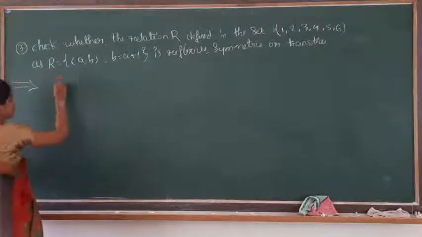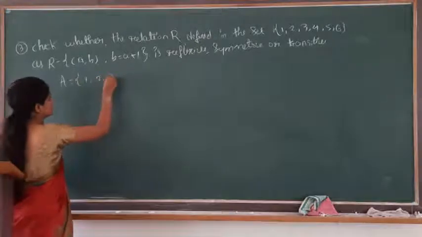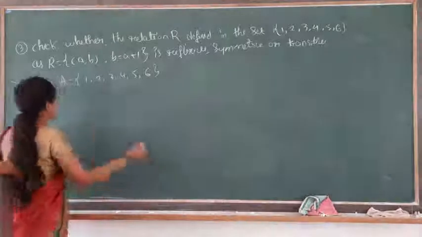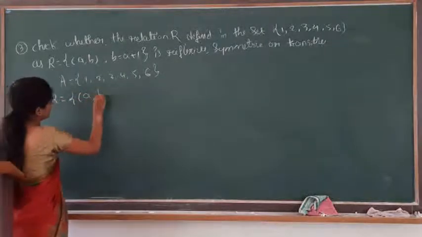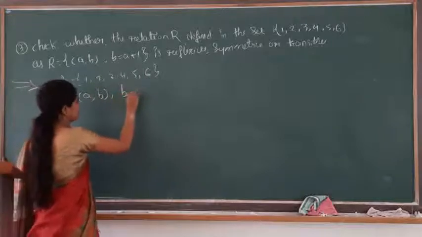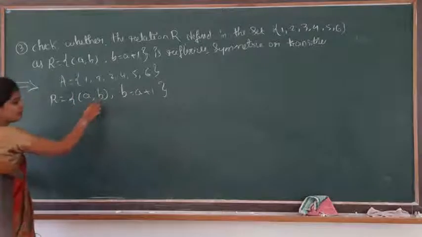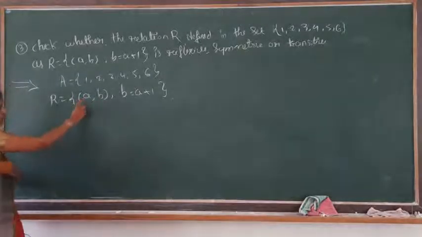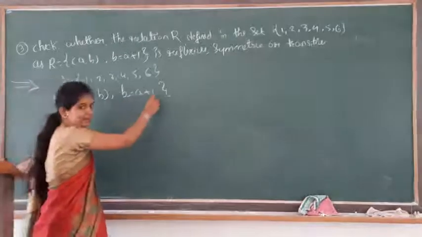Suppose first we have to write the given parts. A is equal to {1, 2, 3, 4, 5, 6}. 6 elements are there, and the given relation is what? The ordered pair (a, b) such that b = a + 1, means the second element should be equal to adding 1 to the first element. b = a + 1.